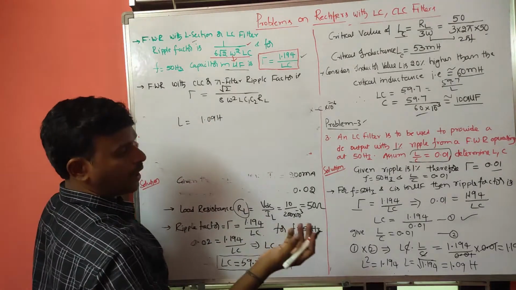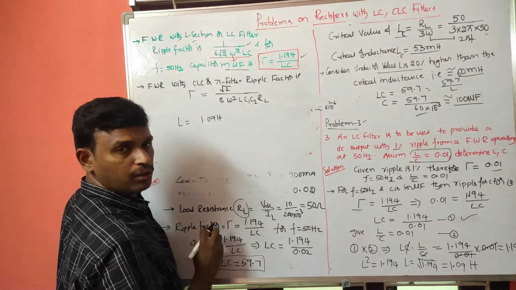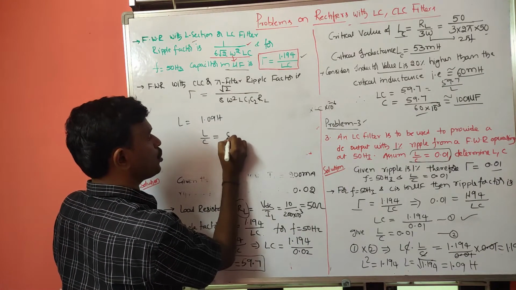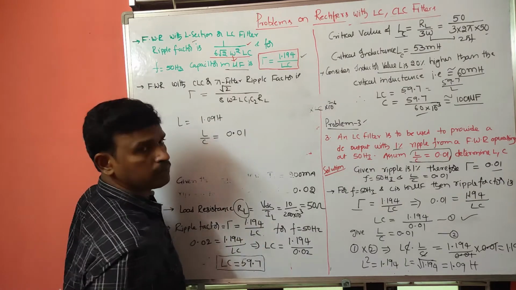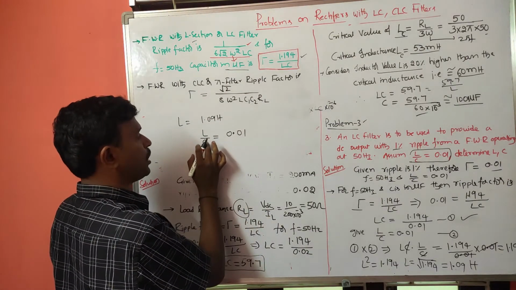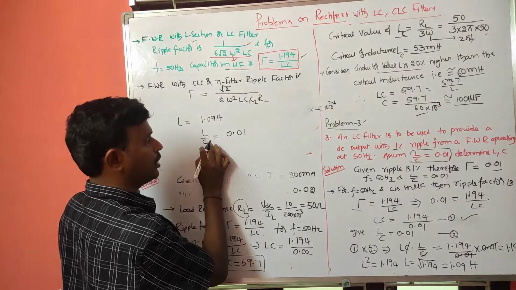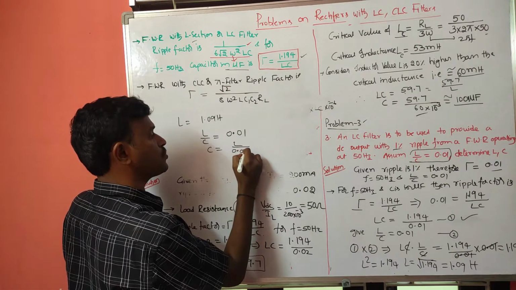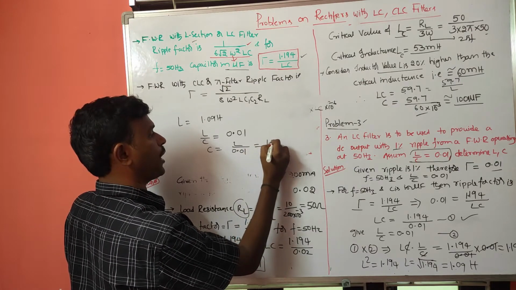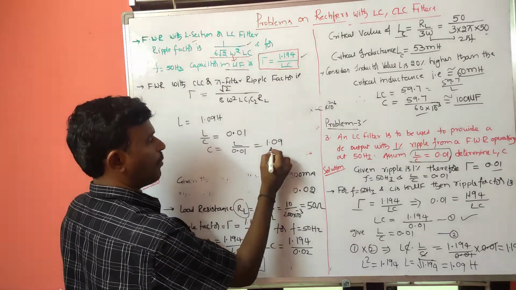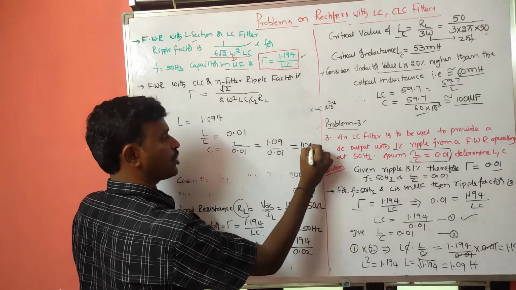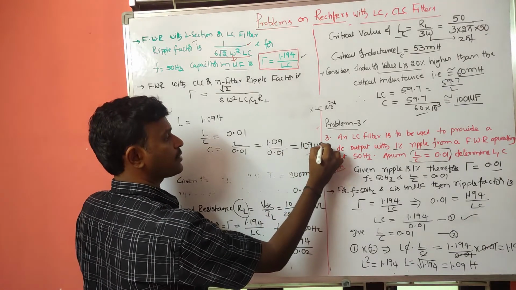Now we have to calculate the C value. Given that L by C is equal to 0.01, what we require is the C value. So C is equal to L by 0.01, that is 1.09 by 0.01, which is equal to 109 microfarads.